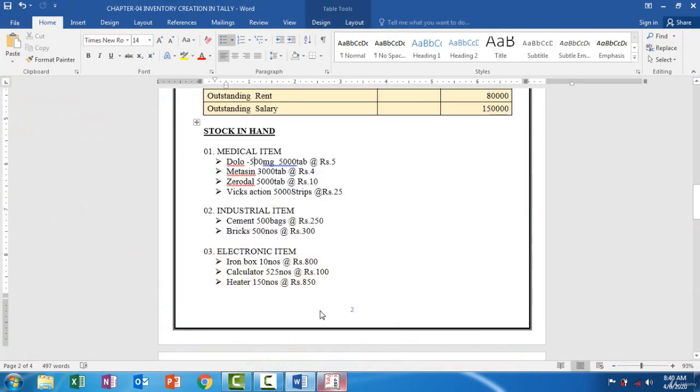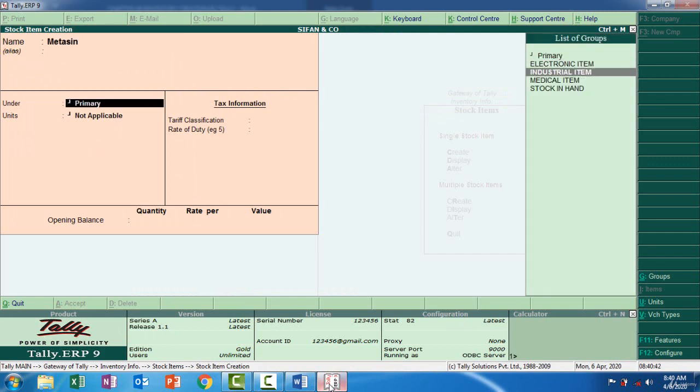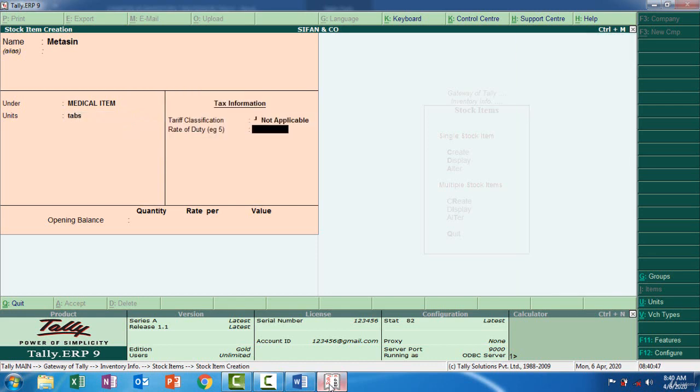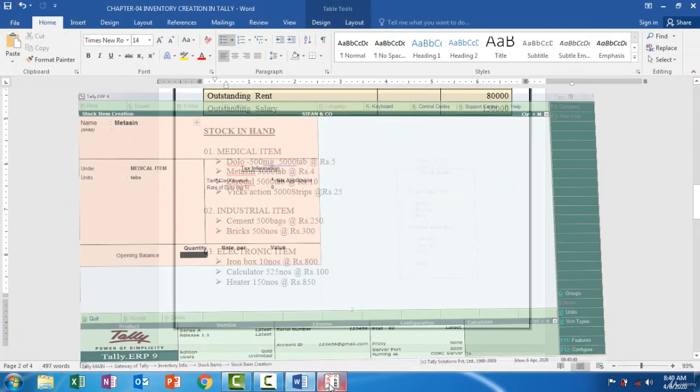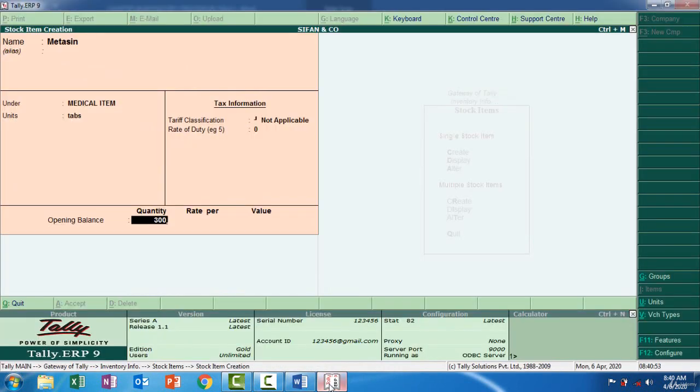The second item is Metazin. I'm going to type Metazin. It is coming under the medical item and it's also measured by the tabs. So the quantity is 3,000 and each 4 rupees, so the total 12,000, then accept yes.